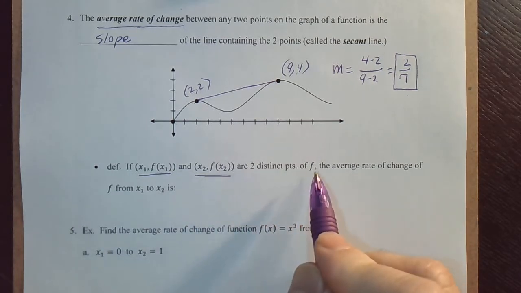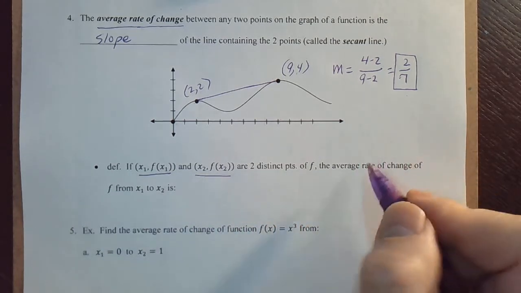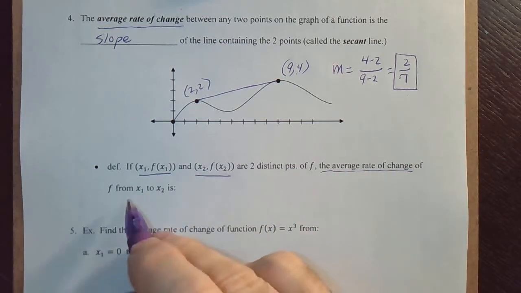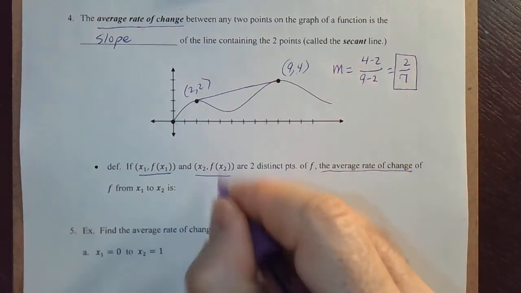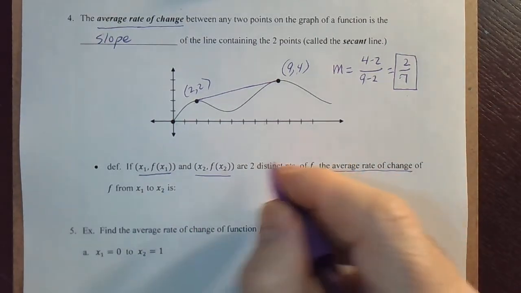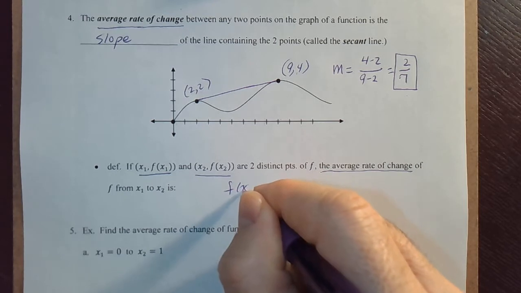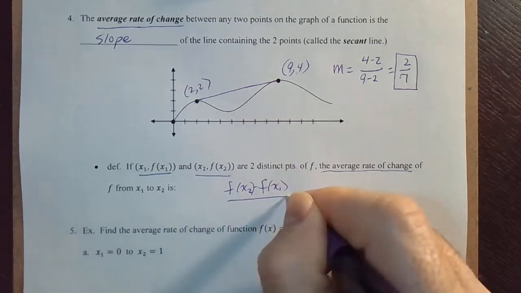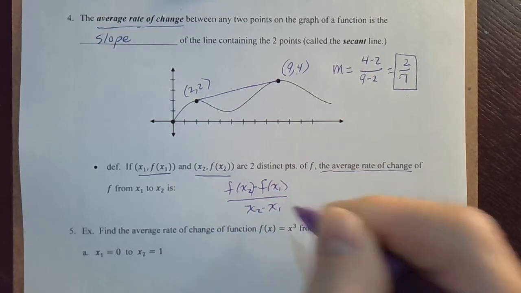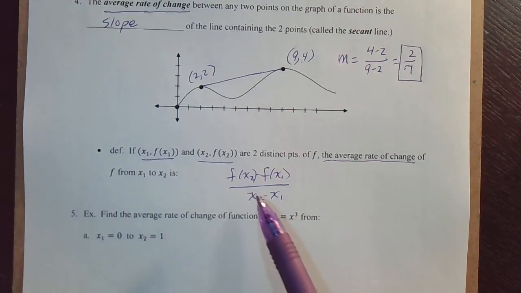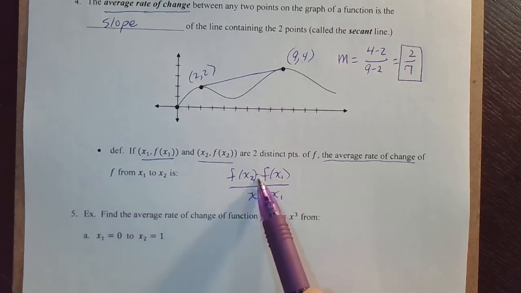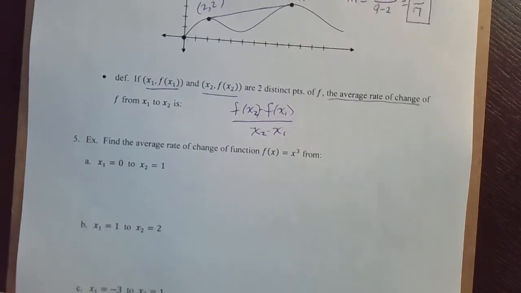If those are two distinct points, then the average rate of change from x1 to x2 is simply, I won't put m equals, f of x2 minus f of x1 all over x2 minus x1. So it should look just like the slope formula, only instead of y2 minus y1, we said f of x2 minus f of x1. Same thing.